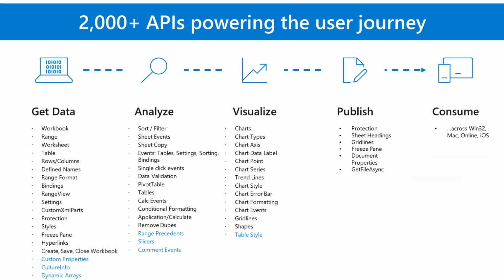Now, it's not just the foundation. We need APIs for you to interact with the Excel workbook. And it's really cool and proud to say we have over 2,000 APIs available for you to use right now to interact with Excel.